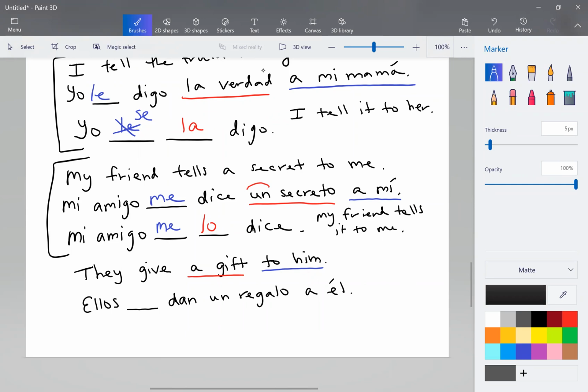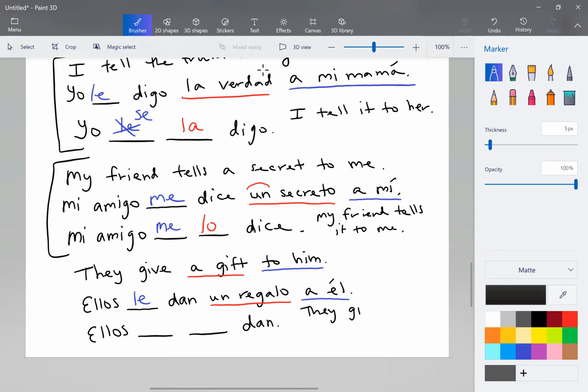What goes in that blank? Le. And what am I underlining in red? What's the direct object? Un regalo. Good. When we replace both those words, our sentence looks like ellos blank blank dan.